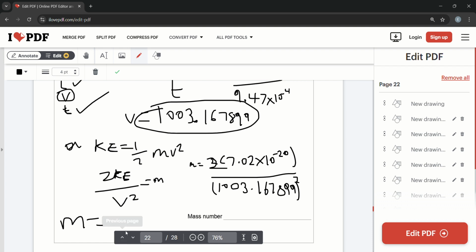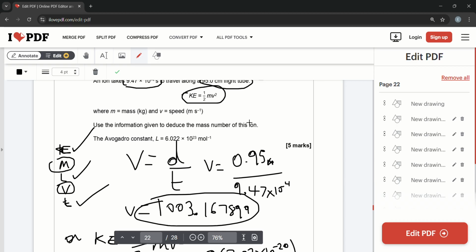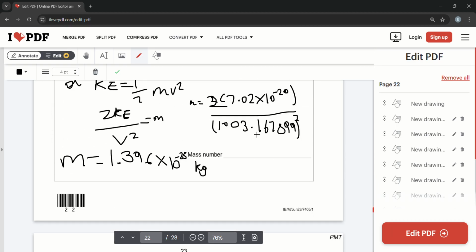We get m is equal to 1.396 times 10 to the power minus 25. That's obviously in kilograms. But remember, the mass of the ion has got to be in grams, so we've got to times this by 1000. That gives m equal to 1.396 times 10 to the power minus 22, and that's in grams.